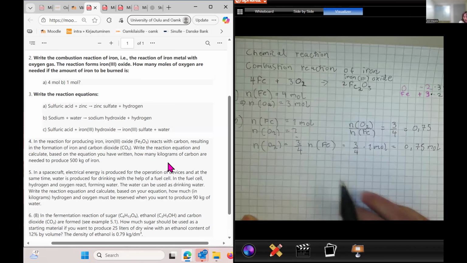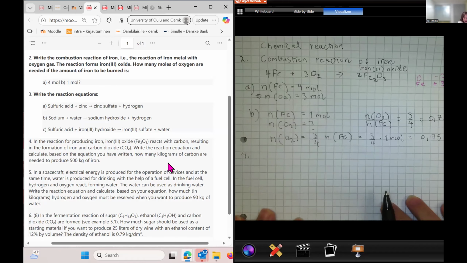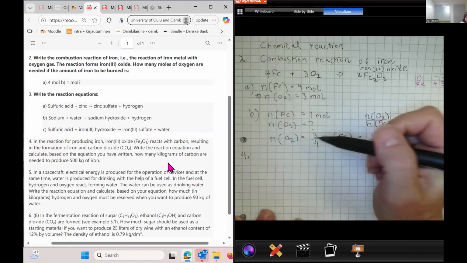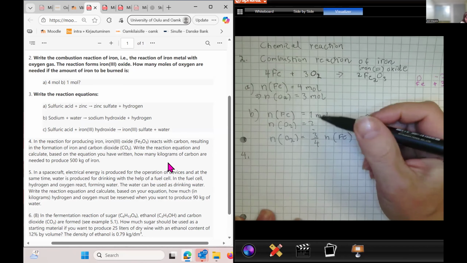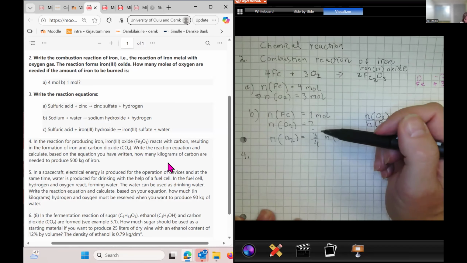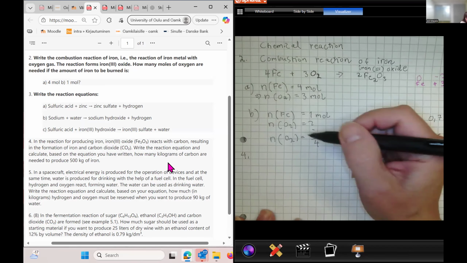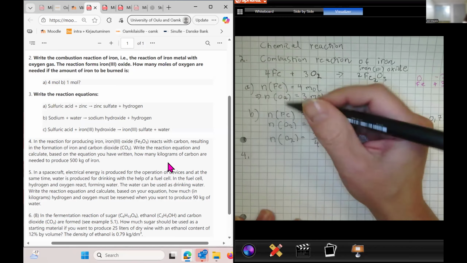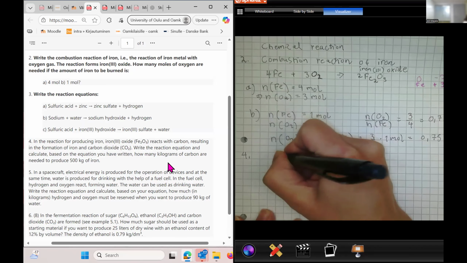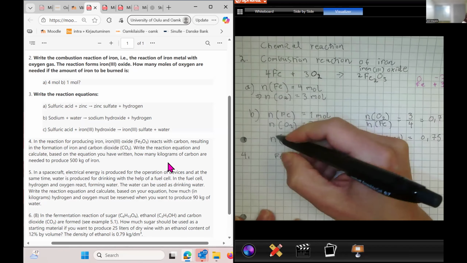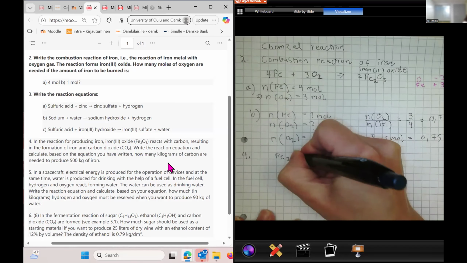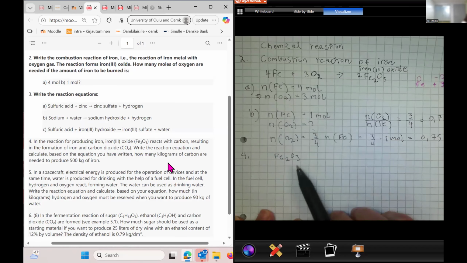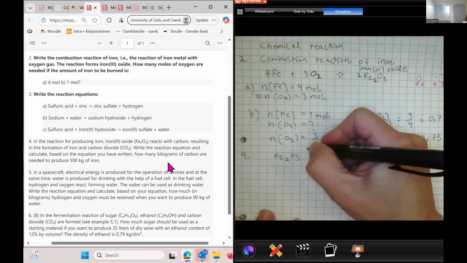So again, I need the equation here. I'm producing iron, and this iron oxide, iron 3 oxide, reacts with carbon.